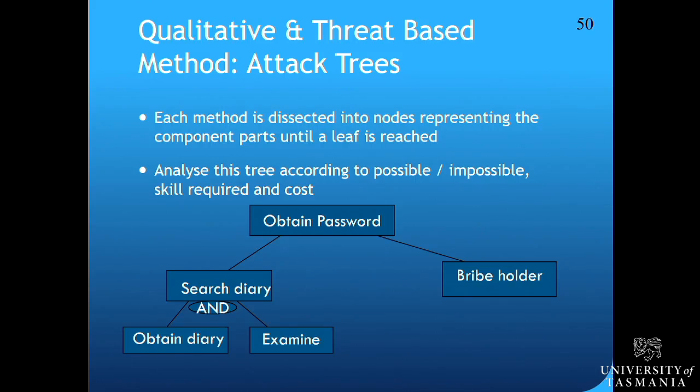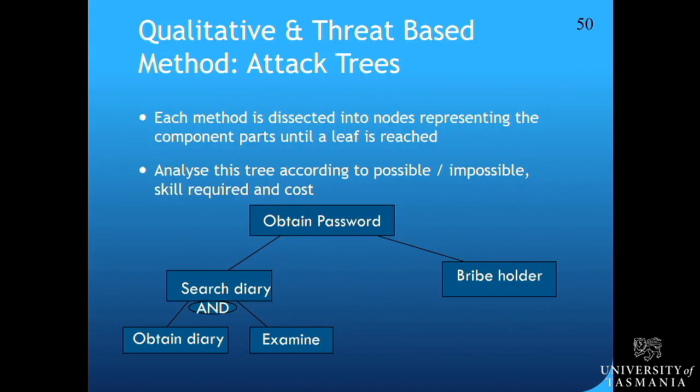So here's a completely trivial and toy example to illustrate that. Obtaining a password as a goal. There could be way more than just the 2 branches here, but we could have one where we get a diary, we look through it, and we basically social engineer their diary to find out possible passwords. The other one, we just pay the person. Give them money to see what it is. Now, this one, the person might have no idea it's occurring.